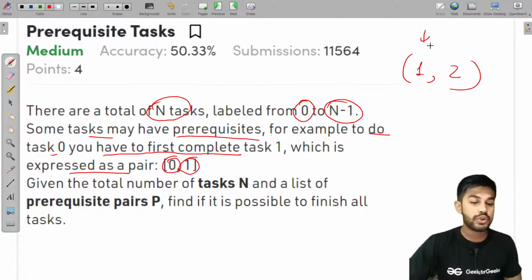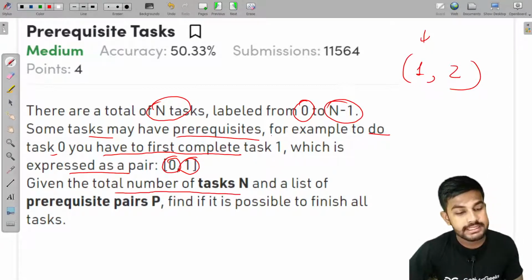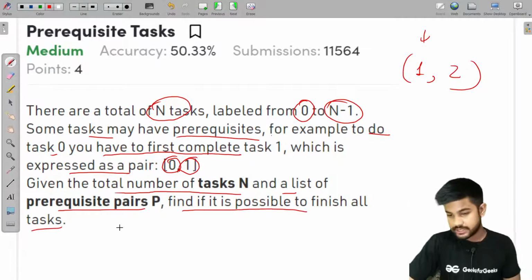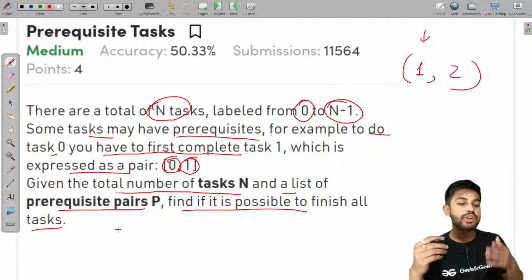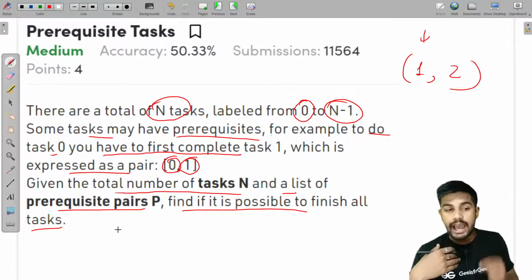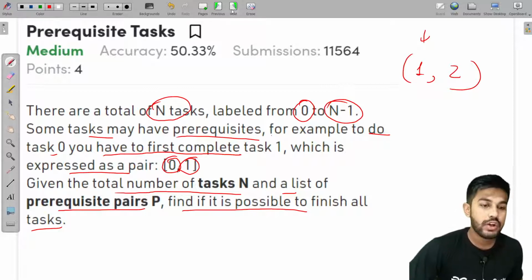Good to go, so we would proceed. We are given a total number of tasks n and a list of prerequisite pairs, and we have to find if it is possible to finish all tasks. Now we would try to solve this problem, but first we would look at the sample test case.